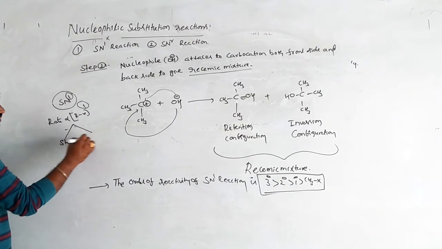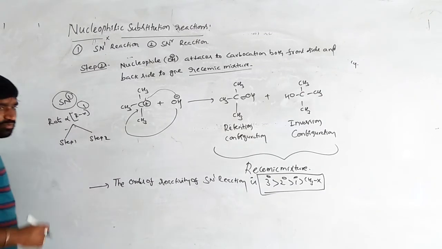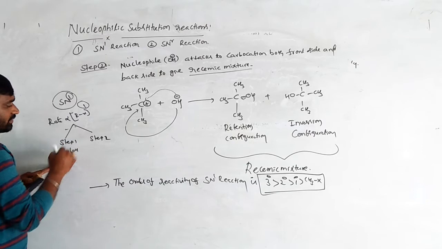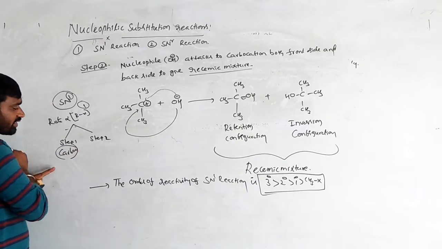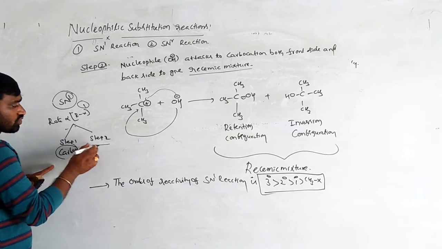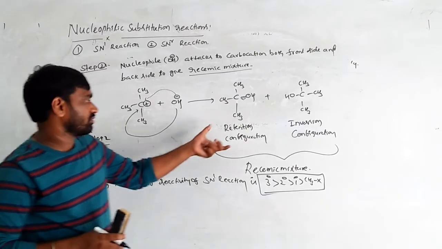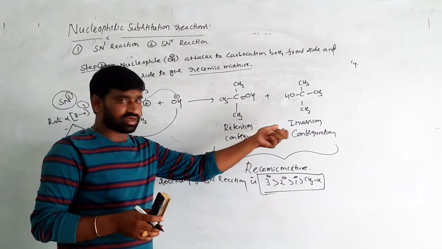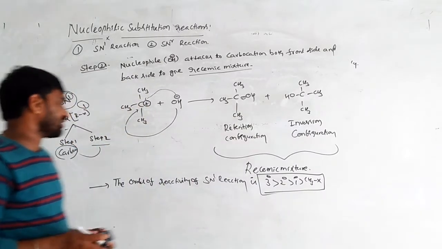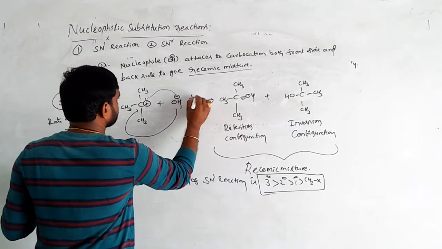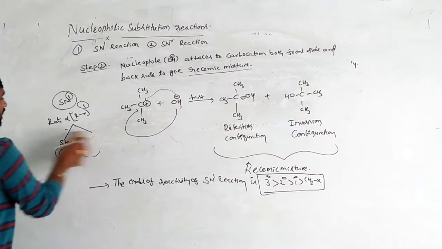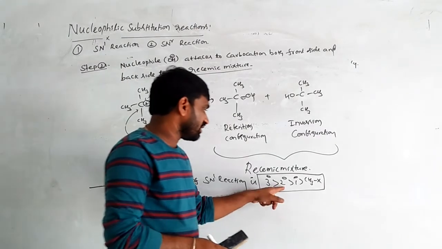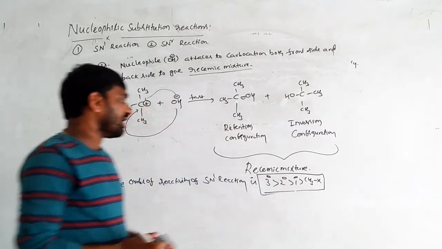Step 1 is the formation of carbocation. The carbocation adds to the nucleophile to form two products, retention and inversion configurations. Both together are known as a racemic mixture. The order of reactivity of the SN1 reaction is tertiary greater than secondary, greater than primary, greater than alkyl halide.